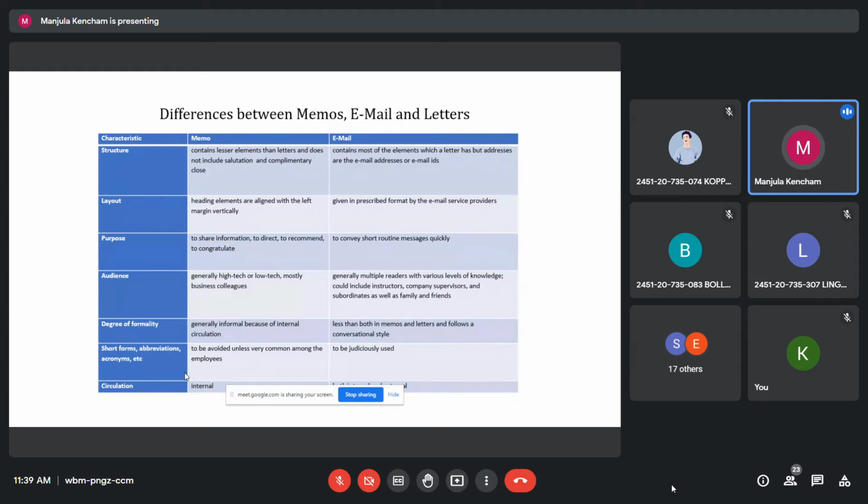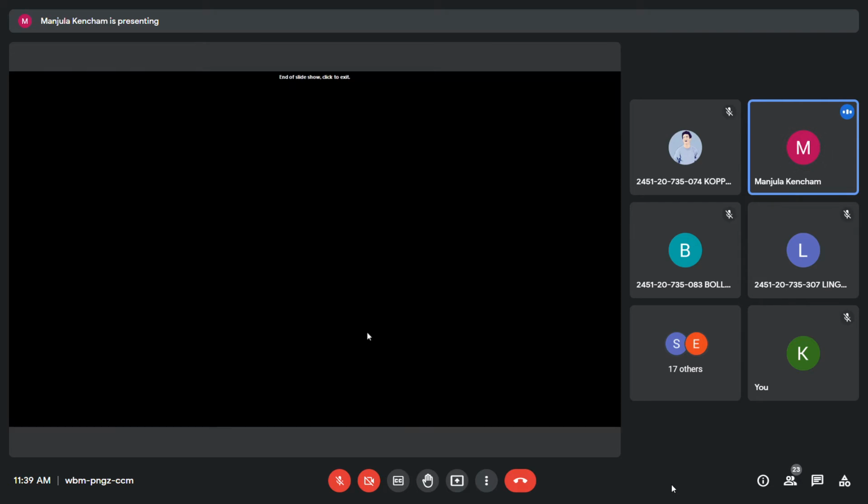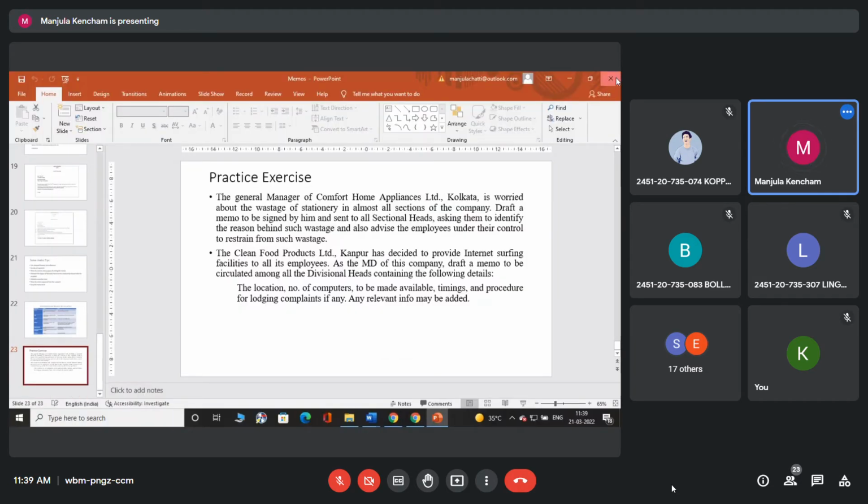Short forms and abbreviations are permitted in emails, whereas you do not have a choice to use them in memos. Sorry, circulation is internal. It can be internal as well as external. Right. This is about unit 2.